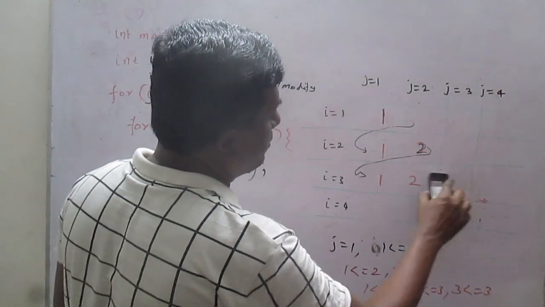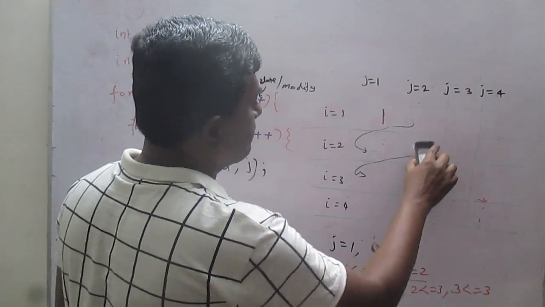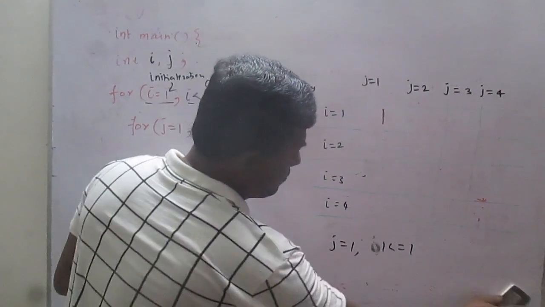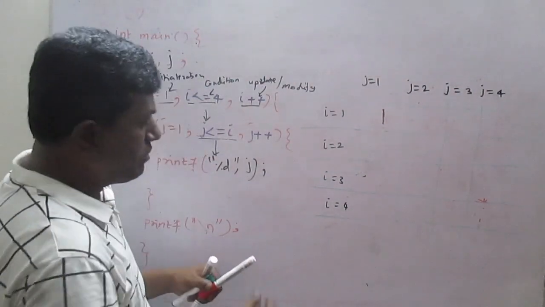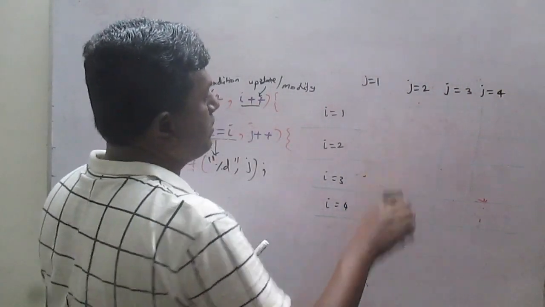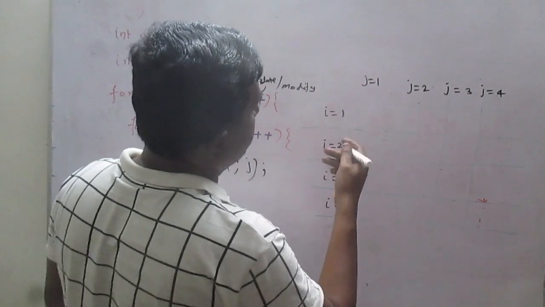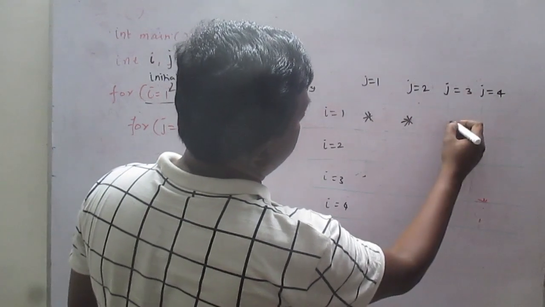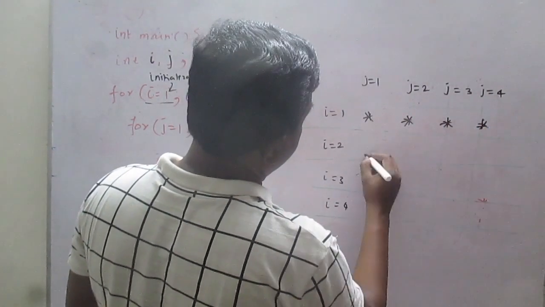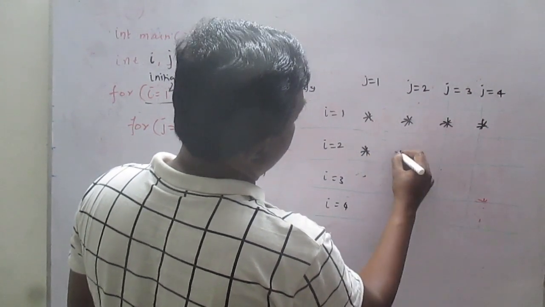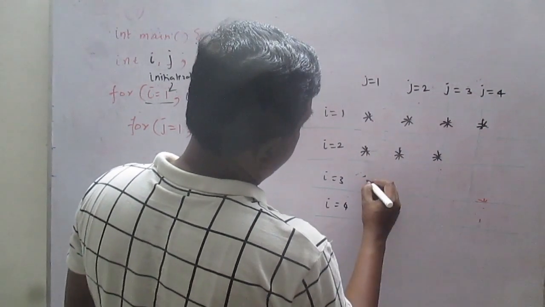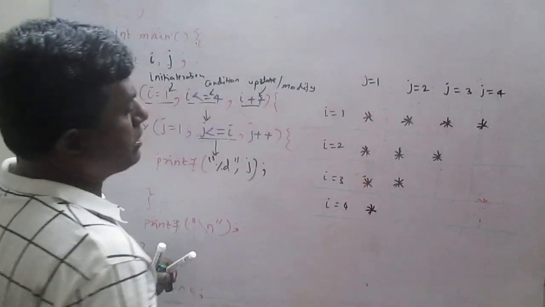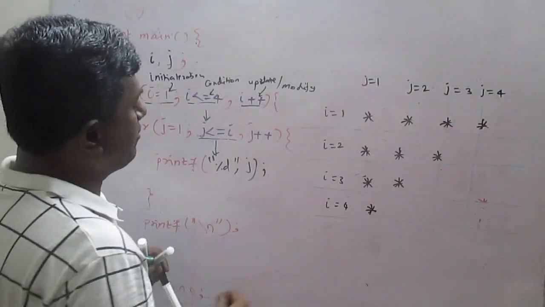Suppose we want a pattern where we have stars, then stars, like this, in decreasing rows. How will this pattern be printed?